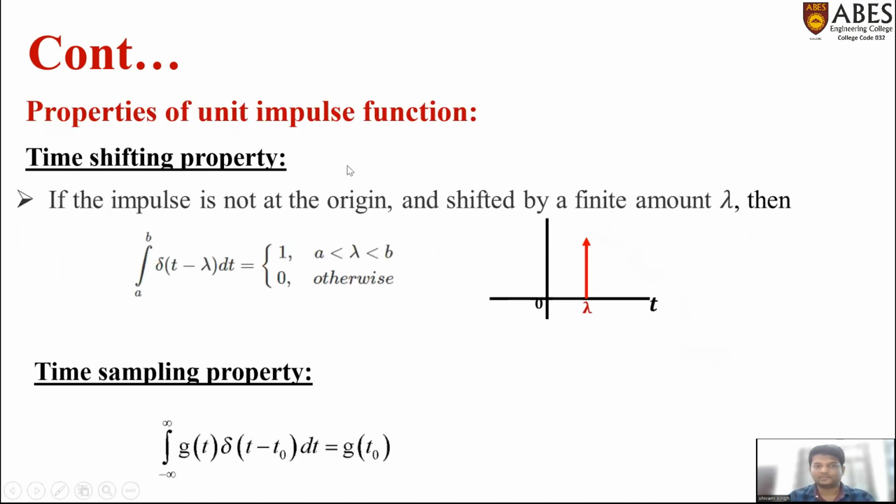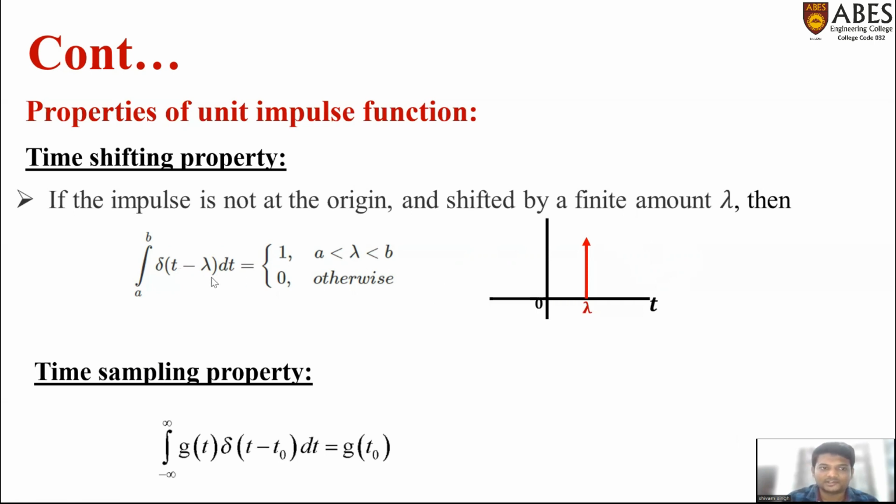Now, properties of the unit impulse function. First, the time shifting property, meaning you can apply the unit impulse function to different forms of signals. Here you can see the integration from a to b of delta of t minus lambda dt equal to 1. In the previous slide, you have seen that this 1 will be there at t equal to 0.